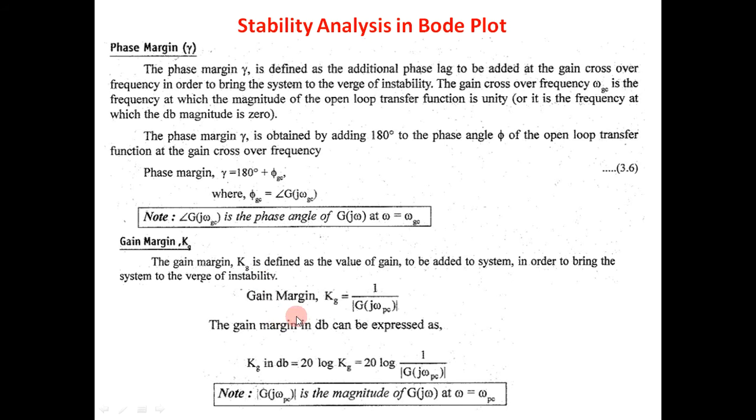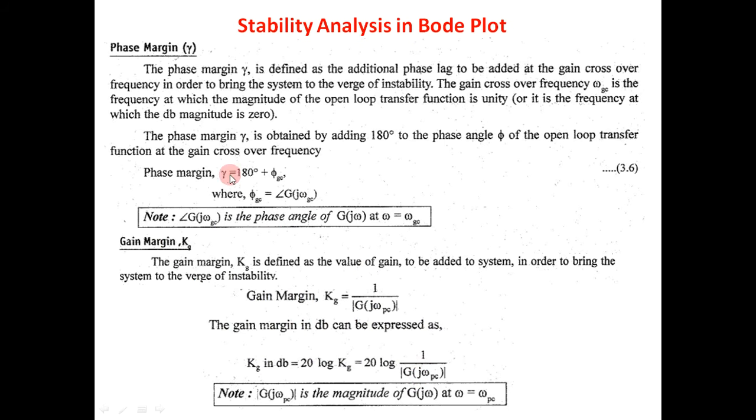Gain margin Kg is equal to 1 by magnitude of G of j omega pc. The gain margin in dB is equal to 20 log of Kg, that is 20 log of 1 by magnitude of G of j omega pc.